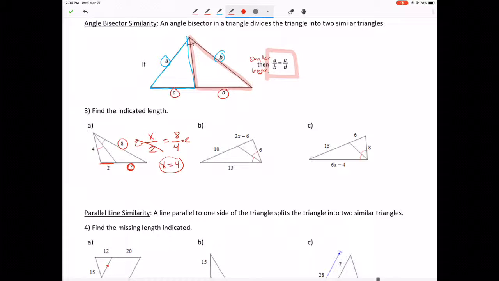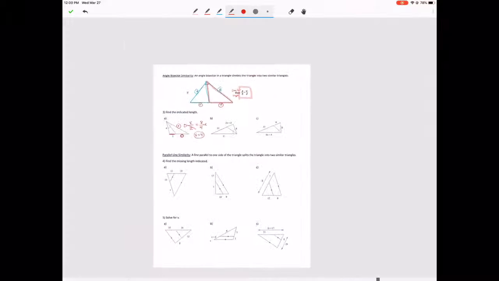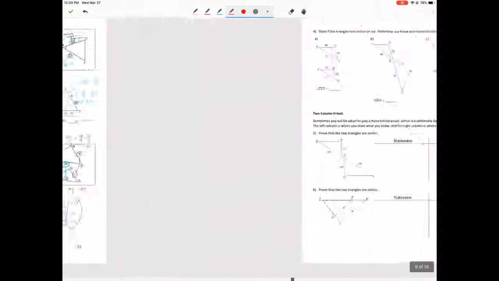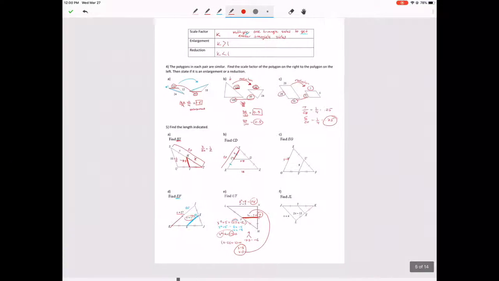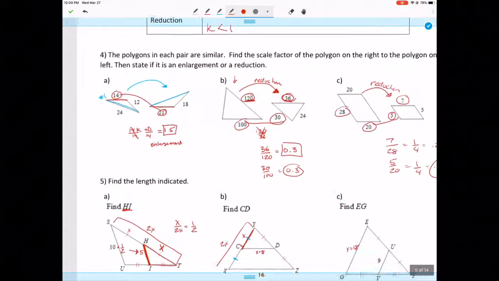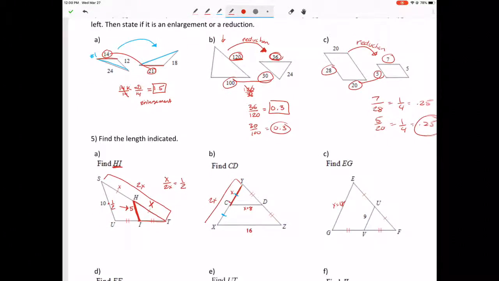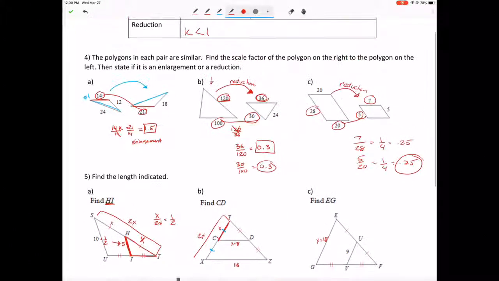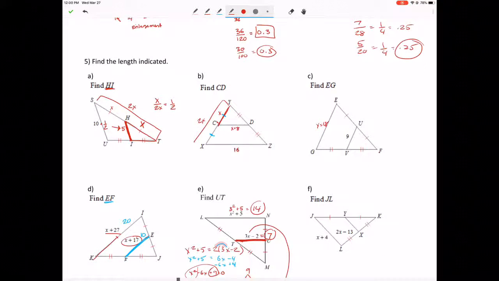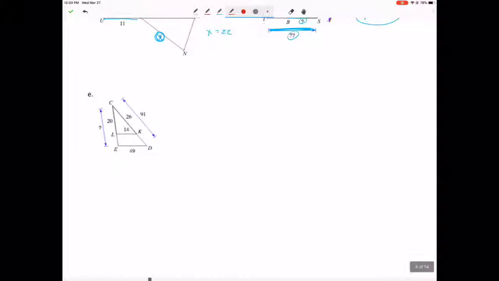If you use the same setup that we did with the other problems, let me see if I can go back to these problems. Maybe one like these.